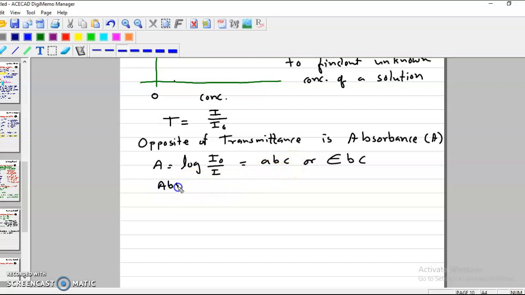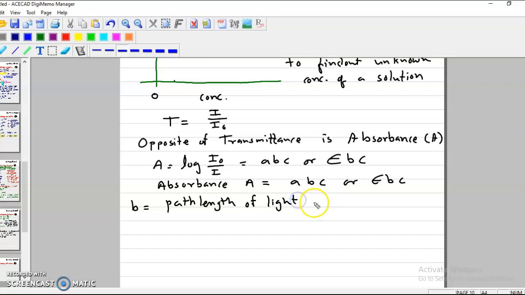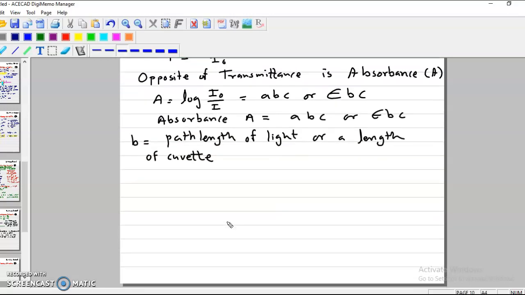So we can write absorbance A is equal to ABC, absorptivity into thickness or path length into concentration, or epsilon BC, where B is the path length of light, or length of the cuvette in which we filled the solution and through which light is passing.